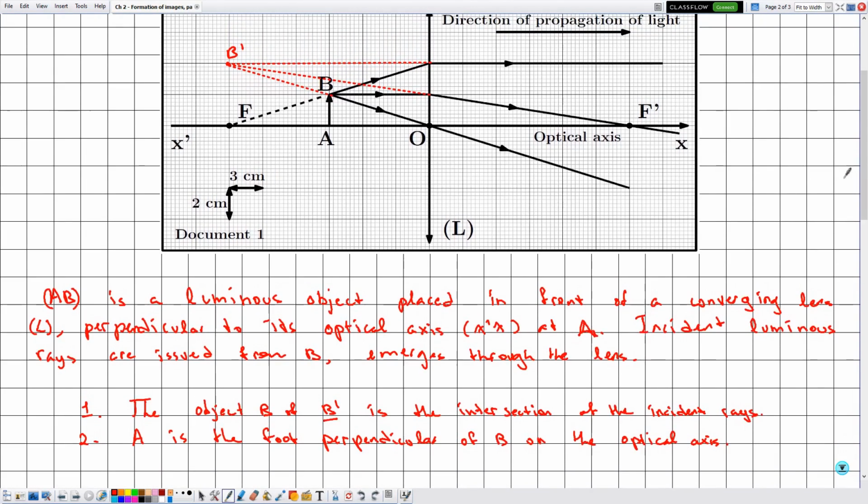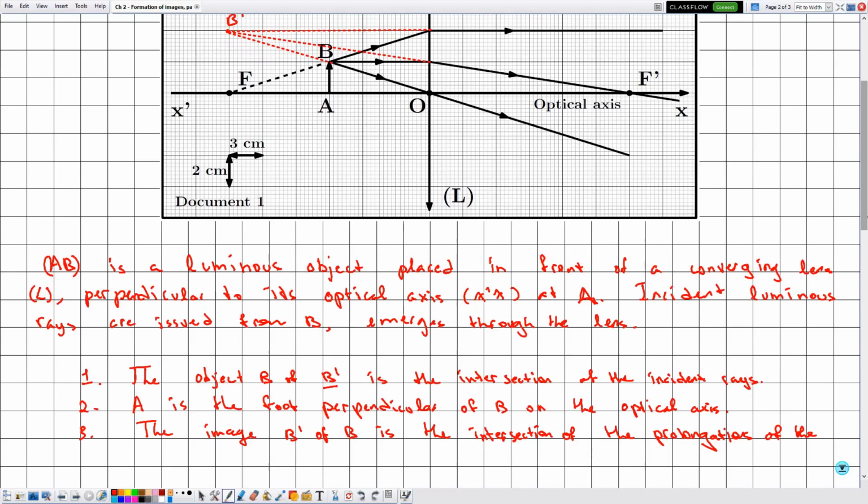Let's write idea number three, that the image B prime of B is the intersection of the prolongations of the emergent rays.